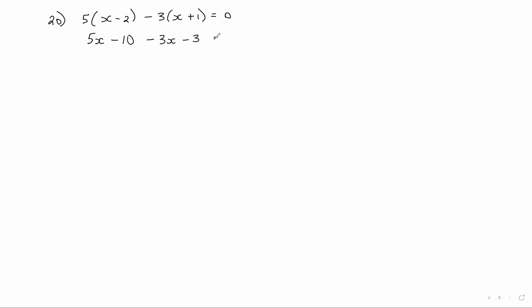Excellent. All of that is equal to 0. Good. And then the second line will group all the like terms together. So you'll see it would be 5x minus 3x.